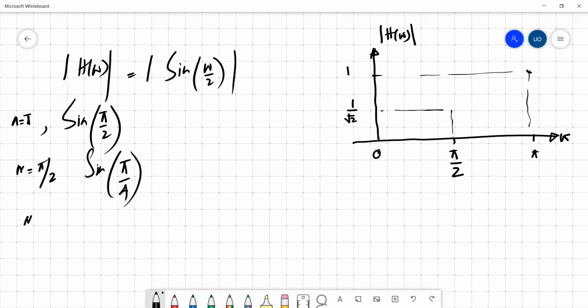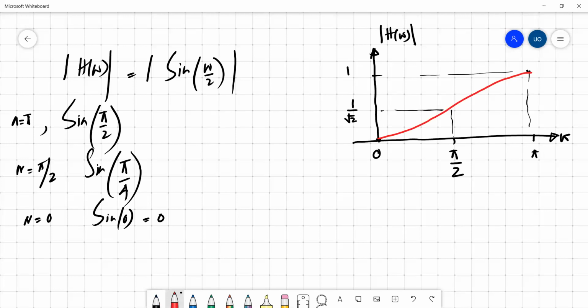When omega equals 0, then sine 0 is simply 0. So if you draw the response, it's something like that.